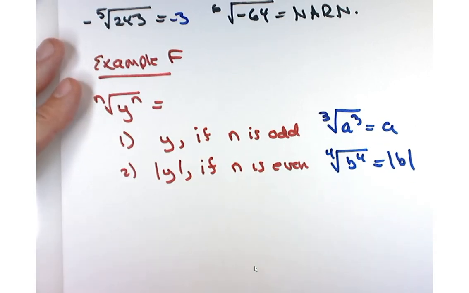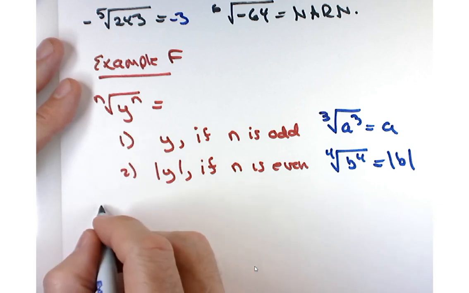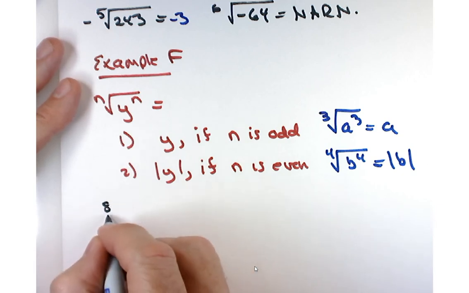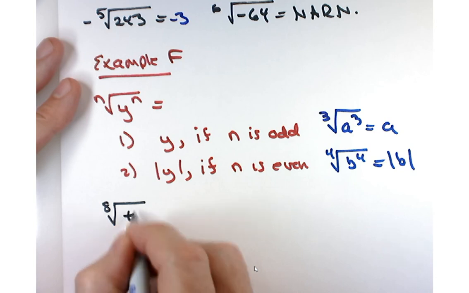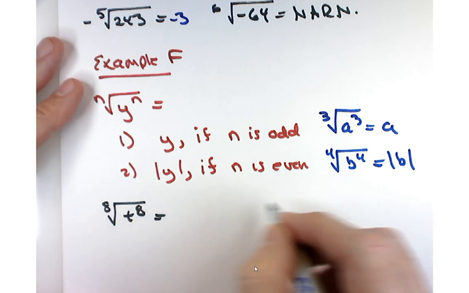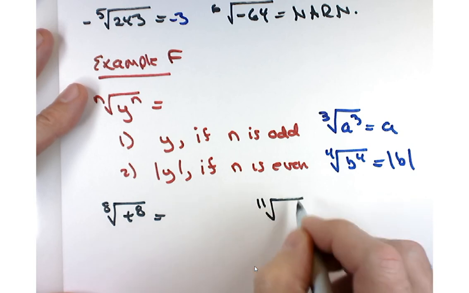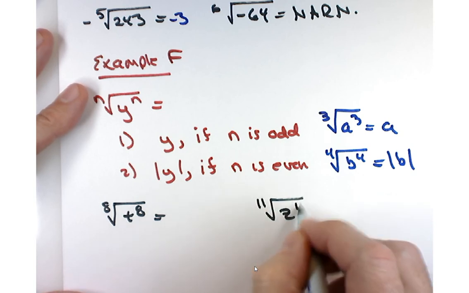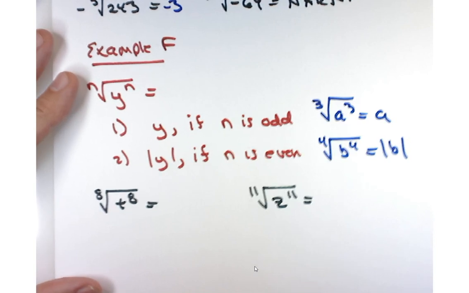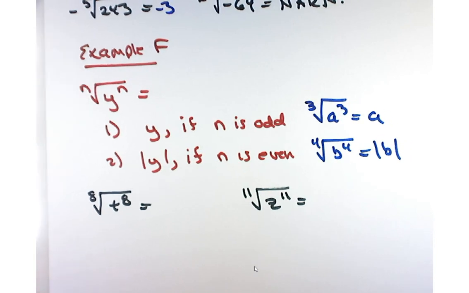All right, 2 problems for you. The 8th root of t to the 8th, and let's do the 11th root of z to the 11th power. Try and simplify each of those.